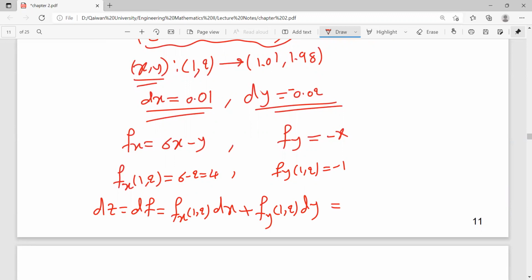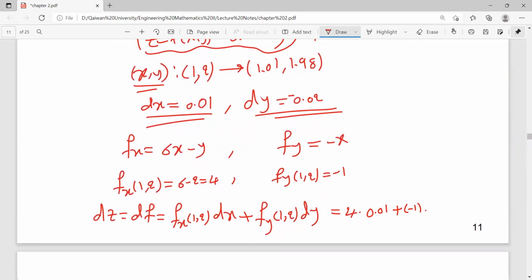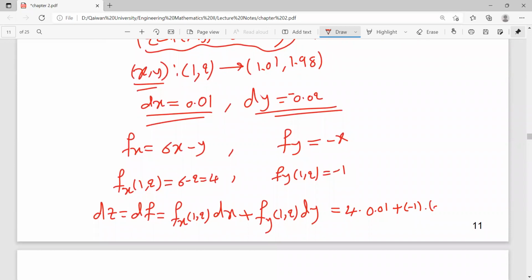We get, what's f sub x? F sub x is 4 at the point, 4 times dx. What's dx? Dx is 0.01, plus f sub y, which is negative 1, multiplied by dy, which is minus 0.02.